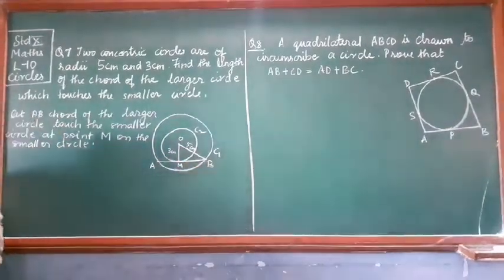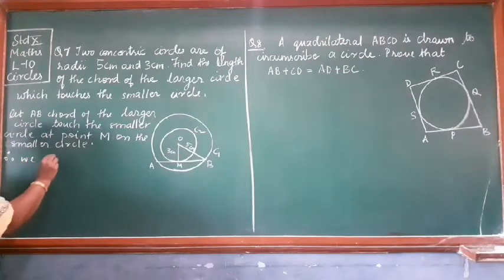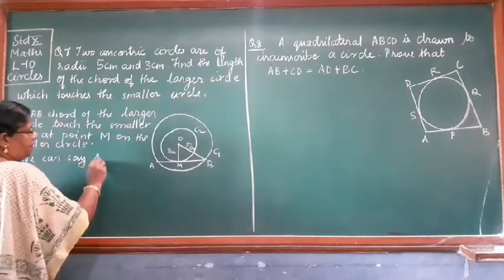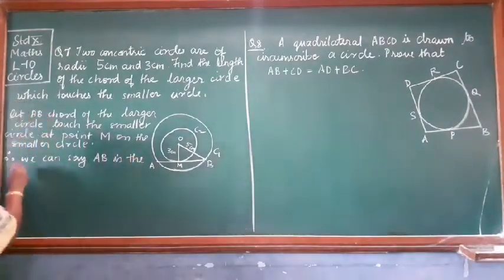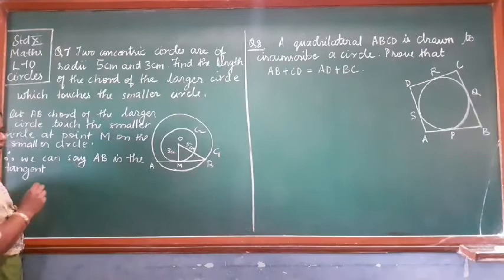दिस पर्टिकुलर chord AB. So therefore we can say AB is the tangent. And we can say AB is the tangent because it is touching only at one point to that circle.